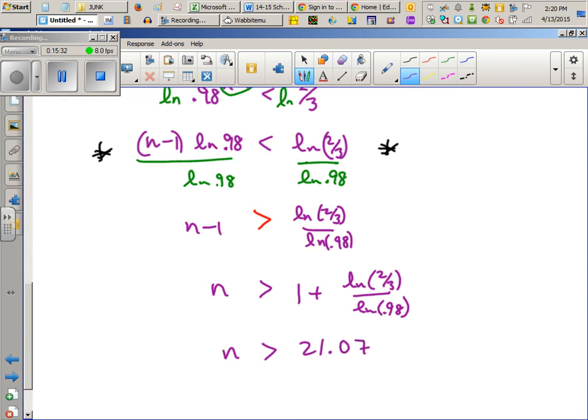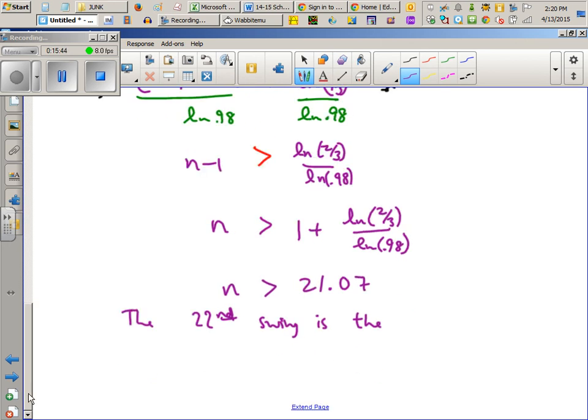So which swing is greater than 21? That'd be the 22nd swing. So the 22nd swing is the first swing that is less than 12 inches in arc length.